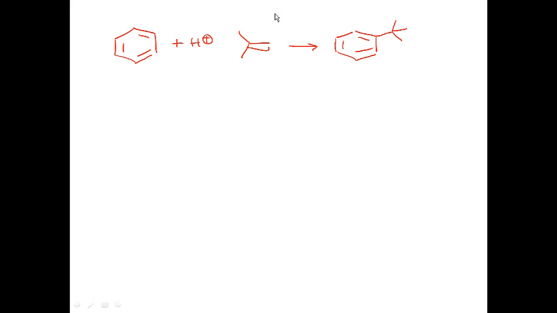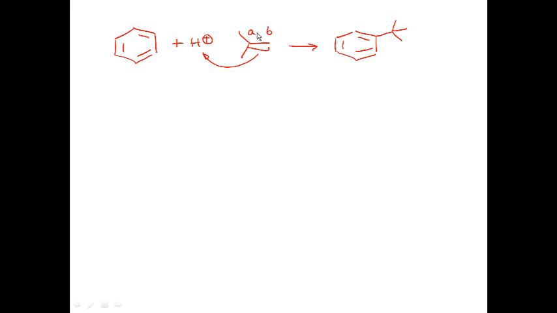Well, H plus is an electrophile. It can't add to benzene because benzene is too stable to react with H plus on its own. This alkene is a nucleophile, so it's not going to react directly with the benzene. But the H plus will react with this propene. So if I have carbons A and B, where will the H plus add in this molecule?